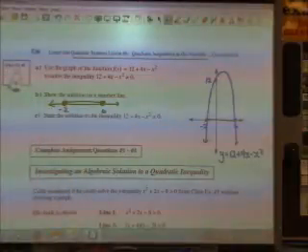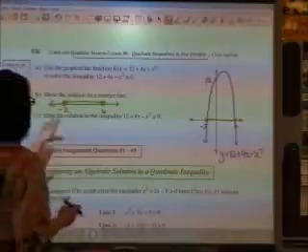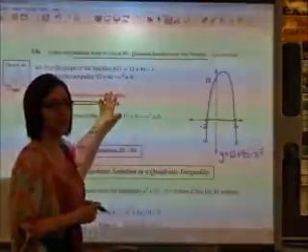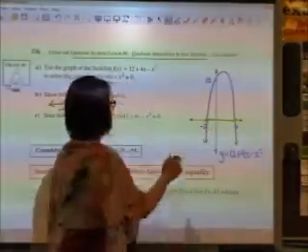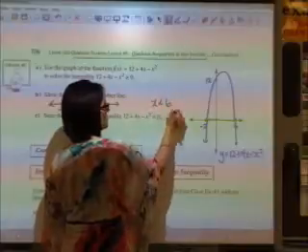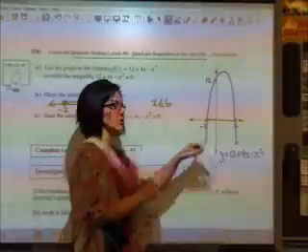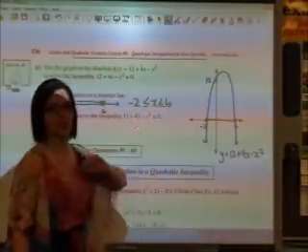If I wanted to express this using notation, let's put the notation right beside it. It would be the values that are less than or equal to 6, but greater than -2. So between -2 and +6.